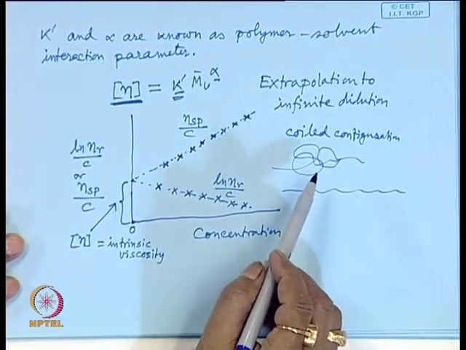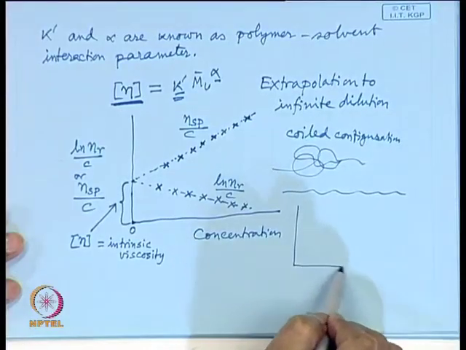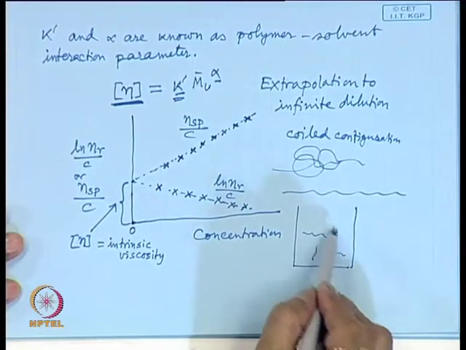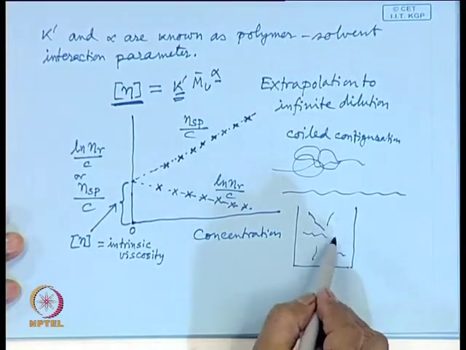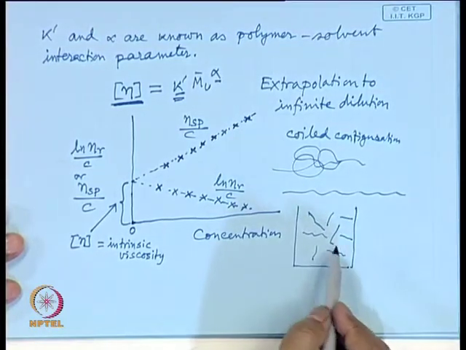So the contact between one polymer molecule and another will be minimized in infinite dilution. In that hypothetical condition of concentration, we can expect isolated molecules in a polymer solution, not touching each other.